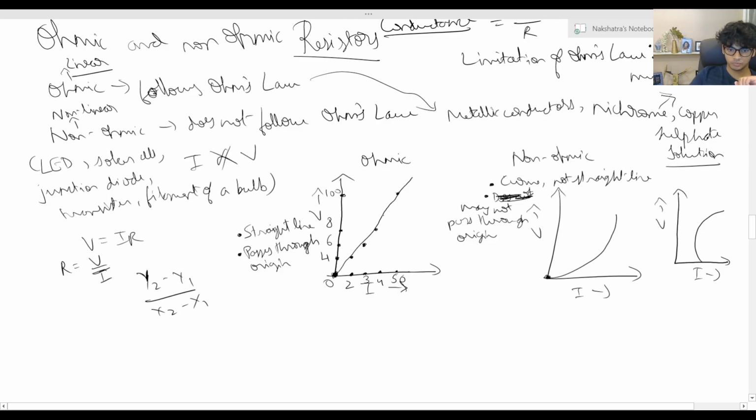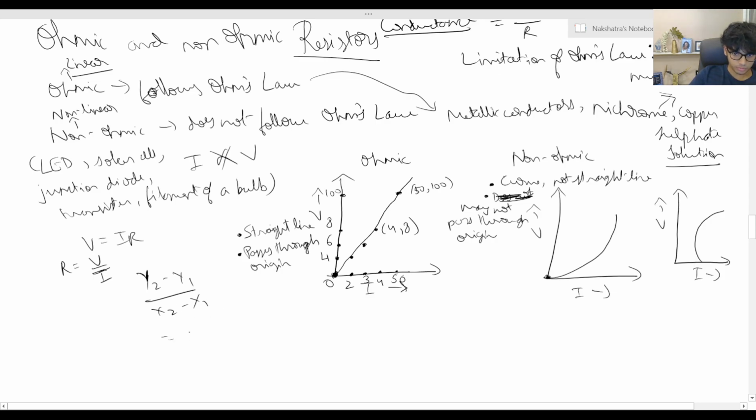So for this slope, let's say I take this point 50 comma 100. You write the x-axis value first. And let's take this point 4 comma 8.